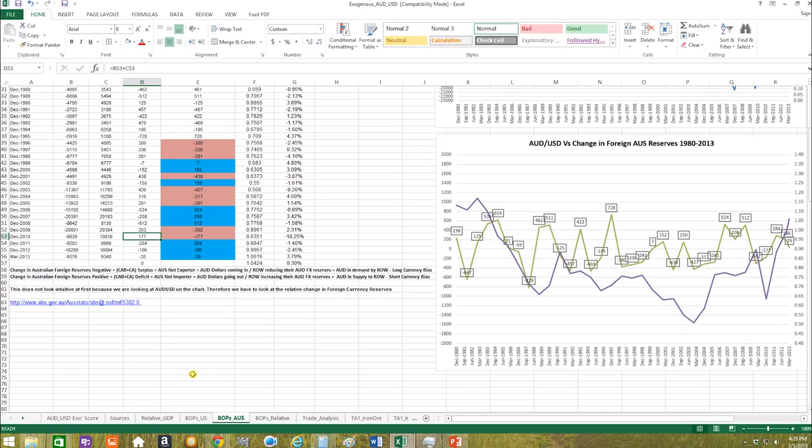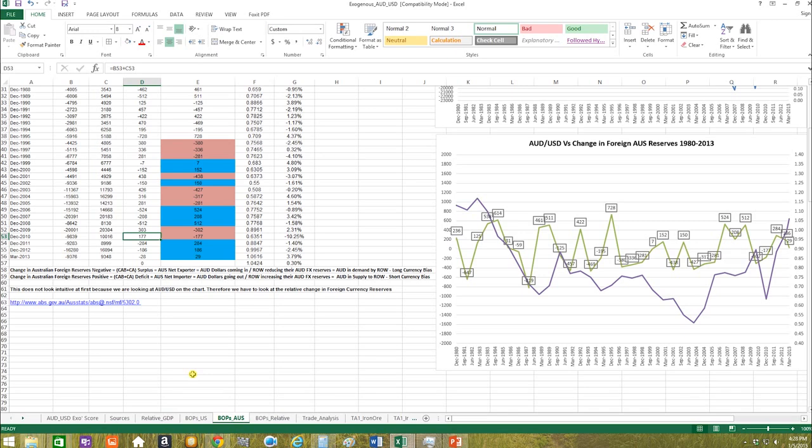So Australia is a net exporter. That means Australian dollars are coming in to Australia, and the rest of the world is reducing their Aussie dollar reserves, which by default means that the Australian dollar across the world is in demand. So we lean towards a static long currency bias.